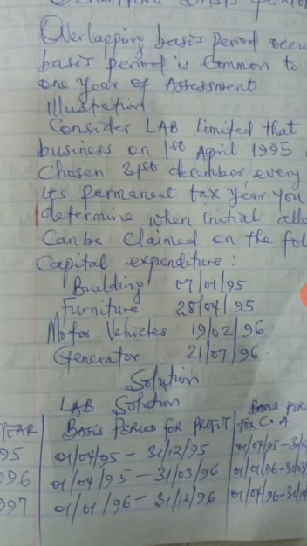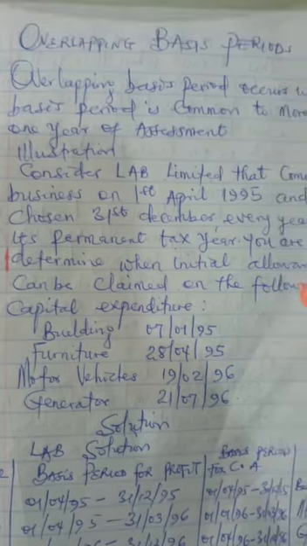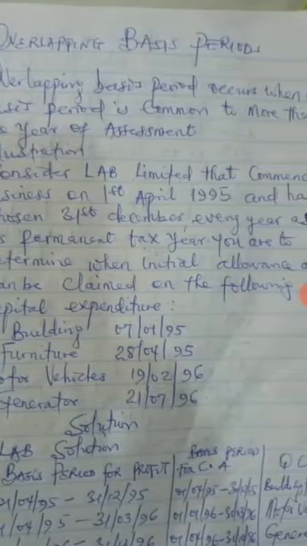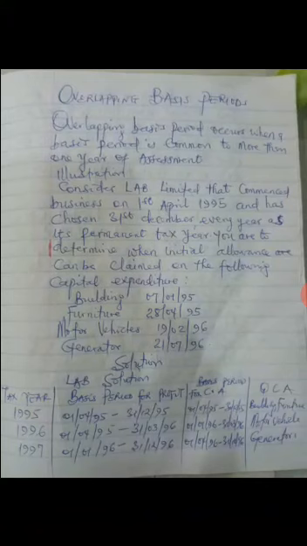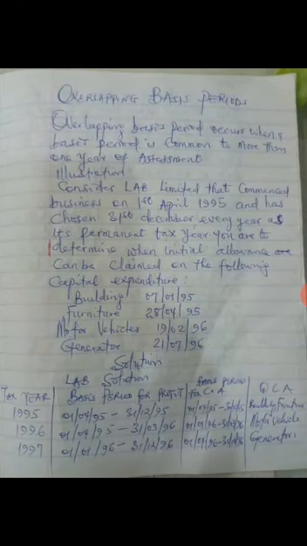Like I always say, the general practice is that where an asset can be located in more than one tax year, the allocation will be made to the earlier tax year. Hence, initial allowance can be claimed in that earlier tax year. So what we have explained now is what we mean by overlapping basis periods. But I believe when we do the calculation on it, you will understand clearly what we mean by overlapping basis period.